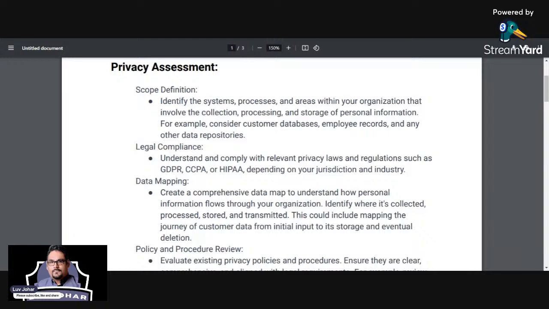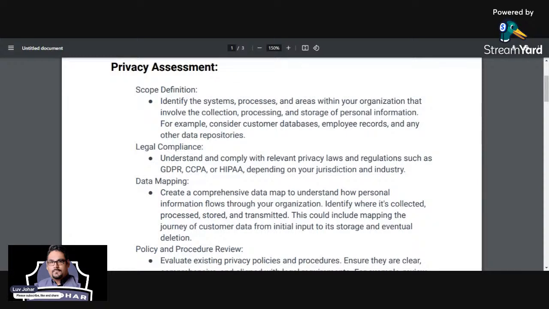And along with that, areas within your organization that involve the collection, processing and storage of this personal information, because as I mentioned, there would be many sort of entry points for the data collection. How you are collecting the personal information, are you sending out forms to your employees to collect the personal information, or are you dealing with customer data, are you storing customer information, personal information of your clients, how you are doing that.